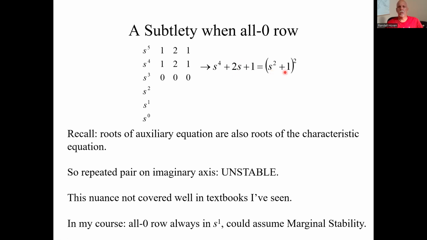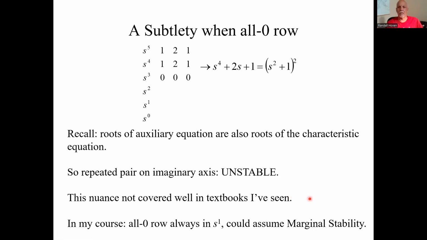Which is s squared plus 1, squared. The roots of this are plus and minus j again, but it's a repeated root due to the squaring of it. So you have a repeated pair on the imaginary axis. This system is unstable, even though it had no poles in the right half plane.